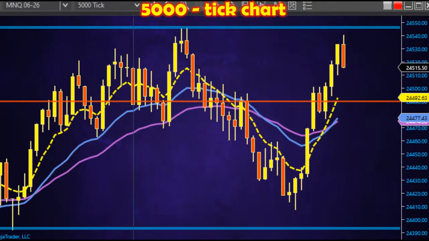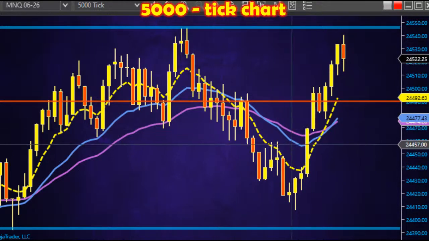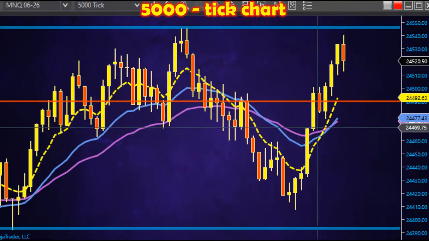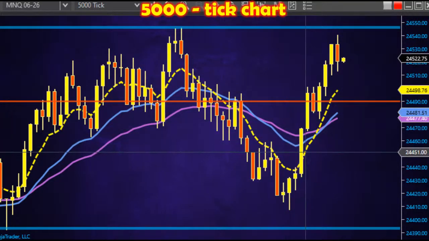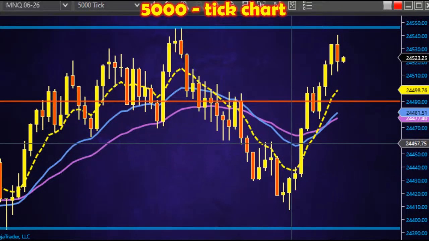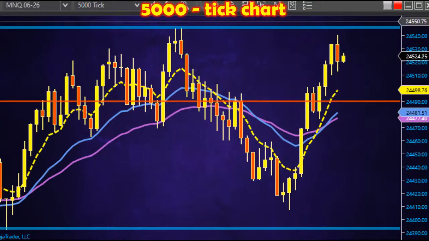Now, if it just goes sideways, I got to learn to just stop trading, or I got to learn to get in faster. When this bar closed right here, what chart is that? 5,000 tick chart.